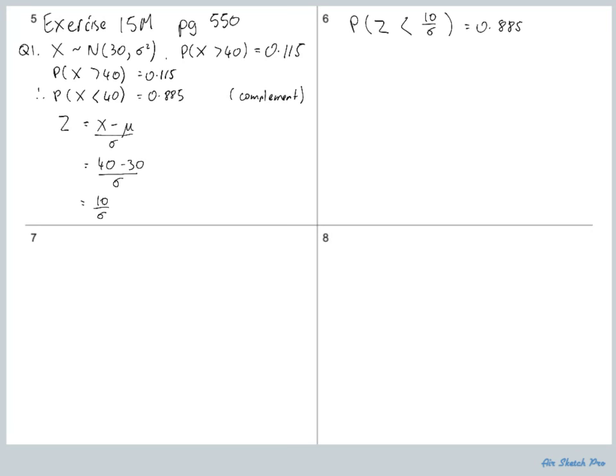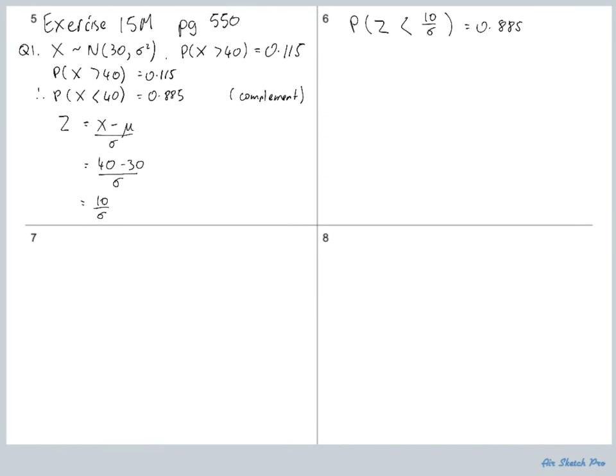On your calculator, you might want to follow through if you're not sure where I'm going with this. Go to menu, then 5, and then 5 again to get our distributions. Now we are going to take a normal CDF, number 2. Sorry, I went too far then. Let's escape that.